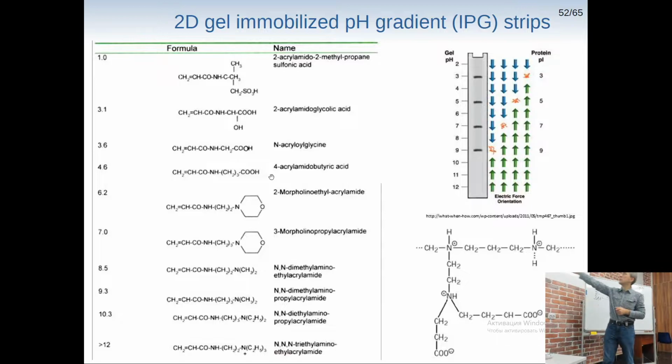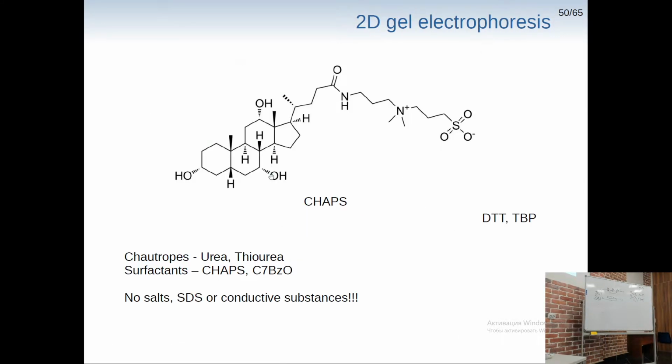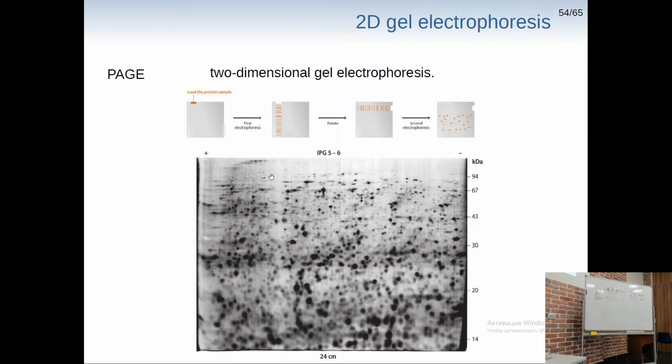But there is one thing. As you can see, those molecules bear some resemblance to amino acids, right? Charge, some groups, and so on. And if you have those ampholytes in solution when you do your 2D gels, like this picture here, those ampholytes will be dispersed through your gel, and they will also be colored by Coomassie stain, by silver stain.